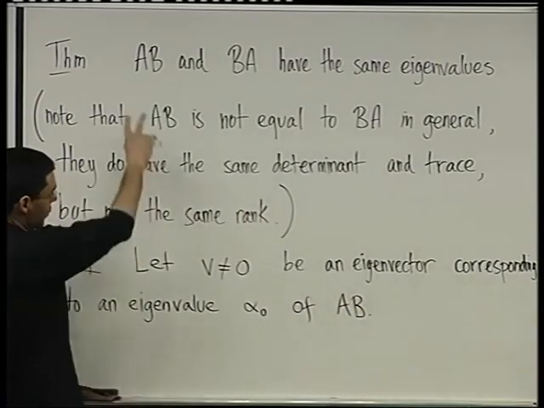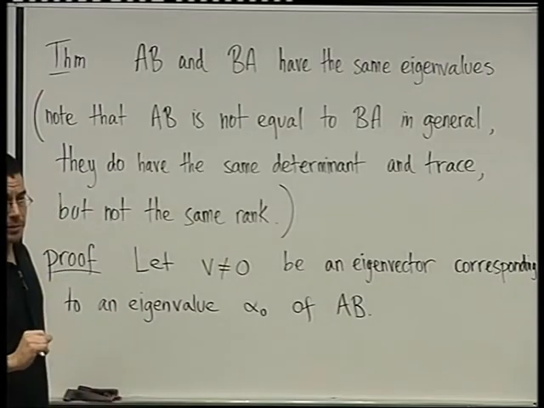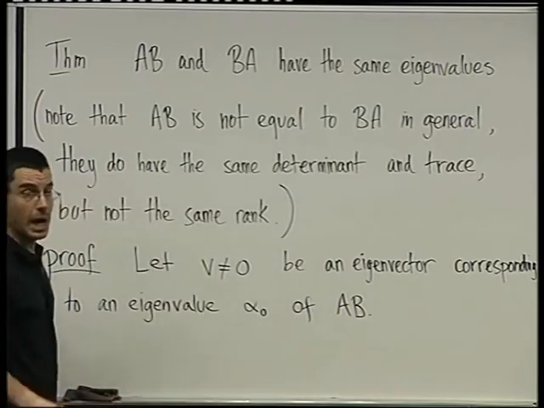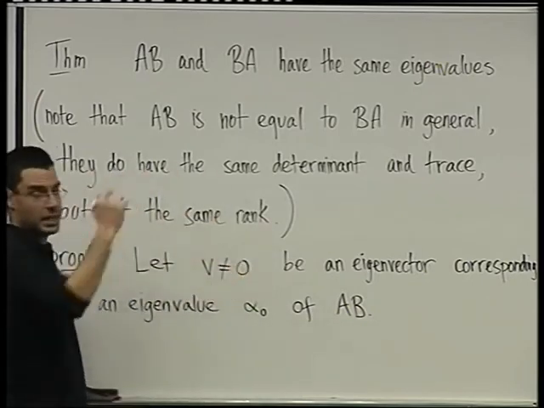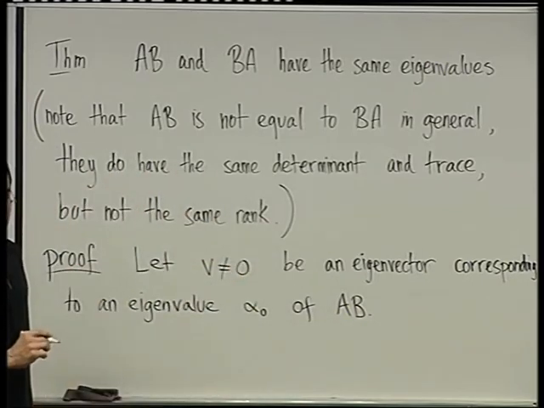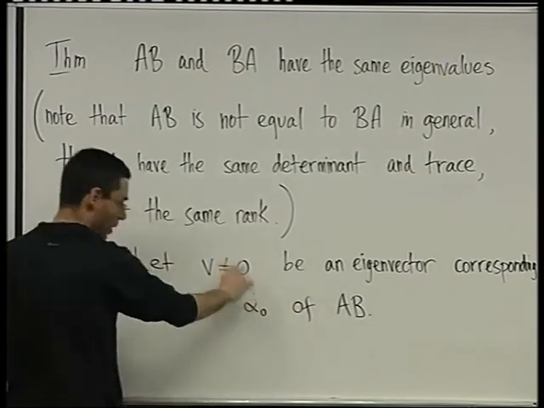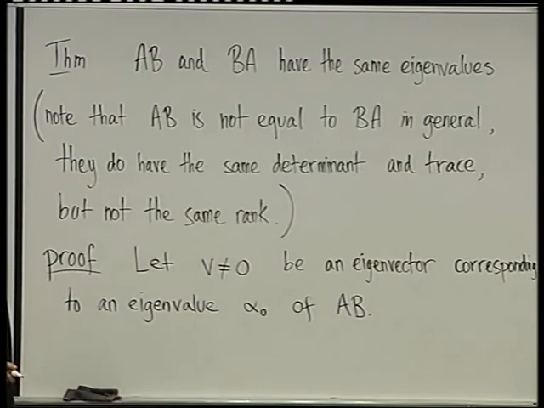So what I want to show is that they have the same eigenvalues. So I'm going to take an eigenvalue of AB. I want to show that alpha 0 is an eigenvalue of BA. Good? So I'm taking an eigenvalue of AB, and I'm taking a corresponding eigenvector.